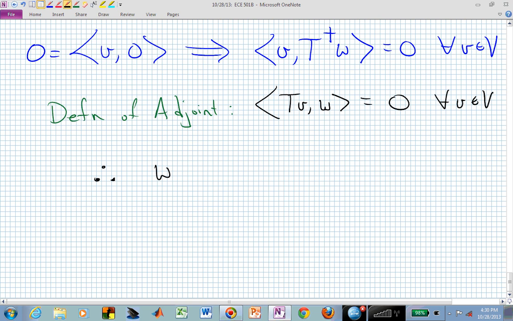But what comes out of TV? The only place you get when you operate on V with T is the range of T. So W is orthogonal to the range of T, which means W is an element of the orthogonal complement of the range of T. W is orthogonal to TV, and TV is spanning the range of T.